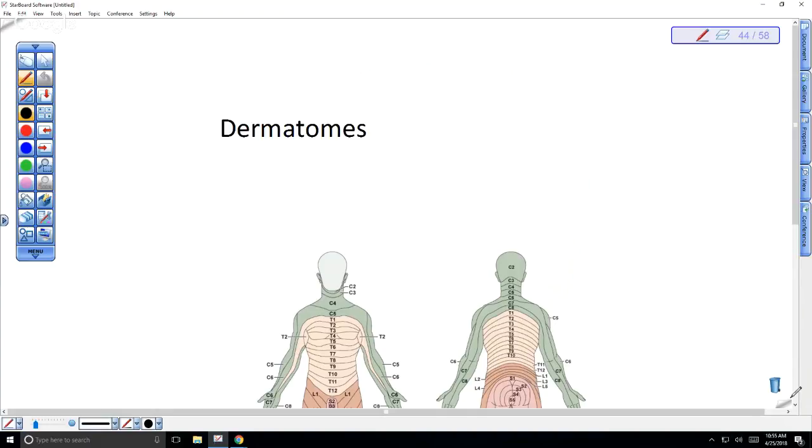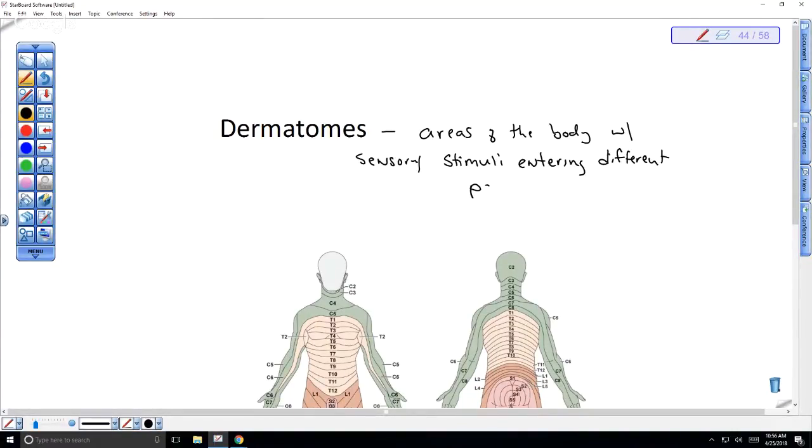And so these are areas of the body with sensory stimuli entering different parts of the spinal cord.